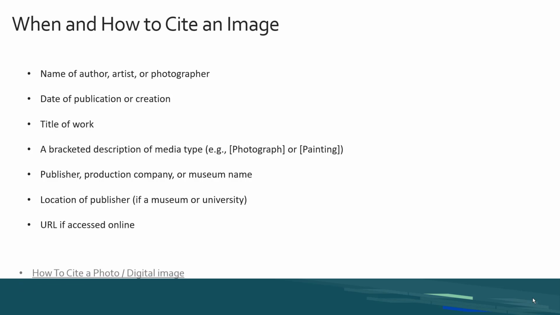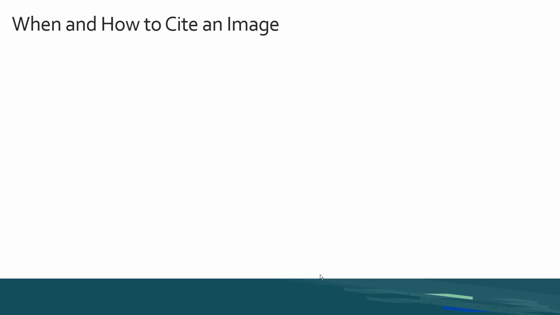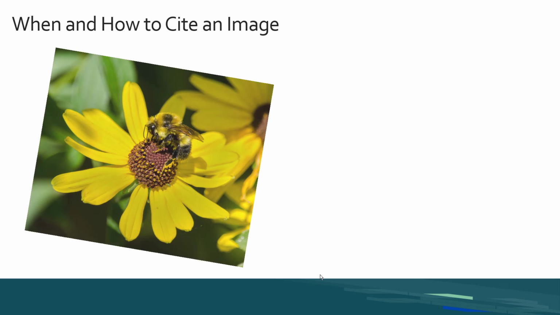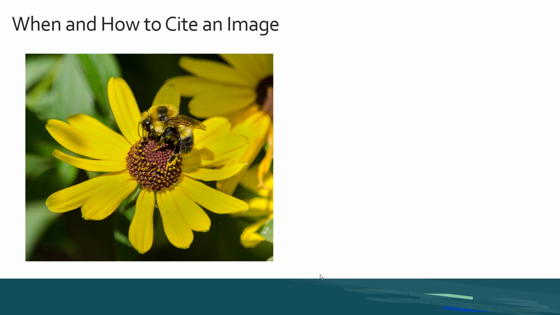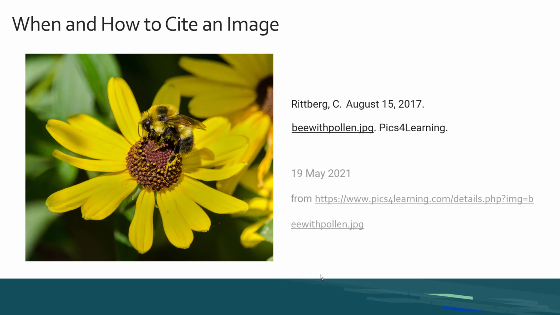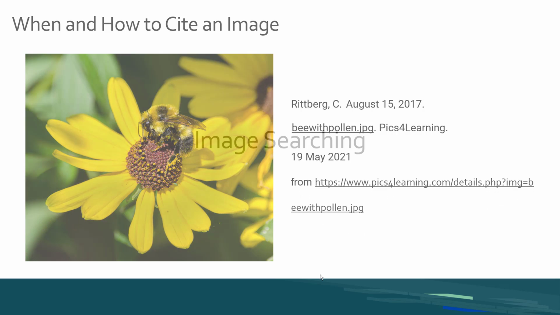You can visit the link on your handout for more details on how to cite a photo or digital image. So as an example, if I use the following image, then my citation would look like this: author's last name and initial, date of creation, title of the work, publisher, the date accessed, and the URL address.